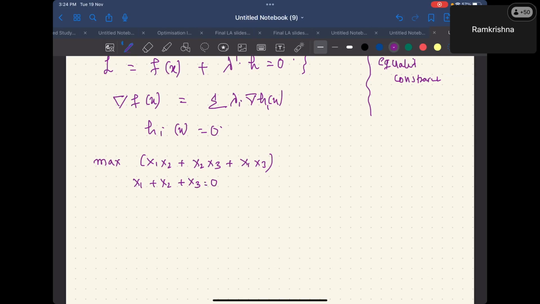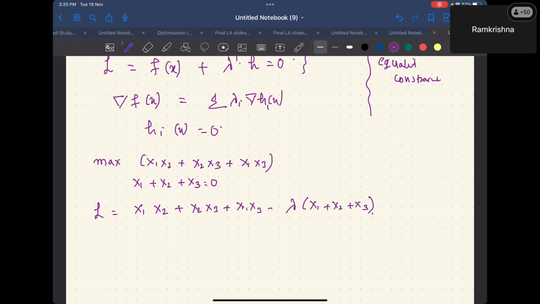Okay, if I just do my standard operations of computing the Lagrangian, my L would now be, again restricting myself to a single constraint, L equals x1 x2 plus x2 x3 plus x1 x3 minus lambda times (x1 plus x2 plus x3).